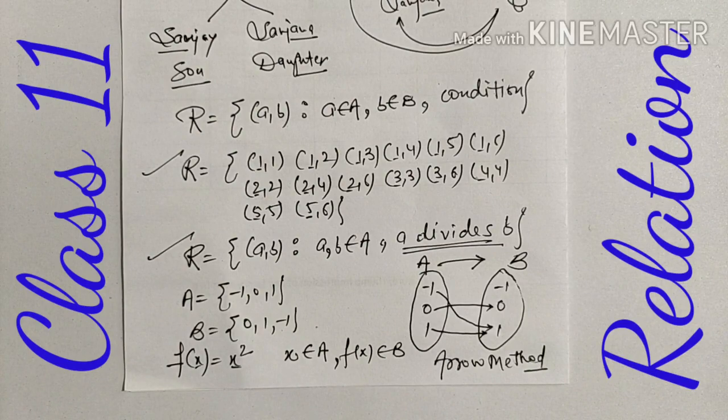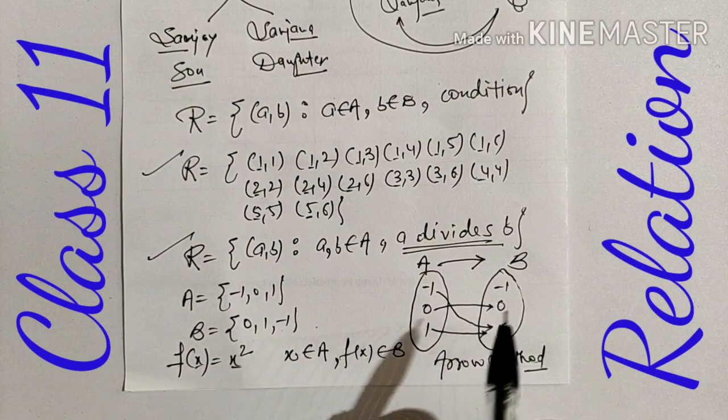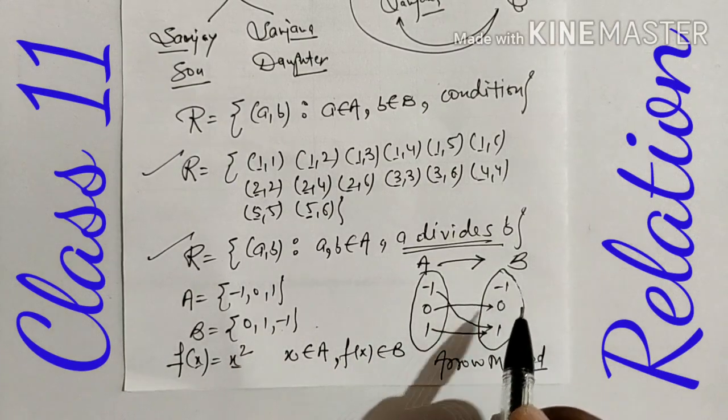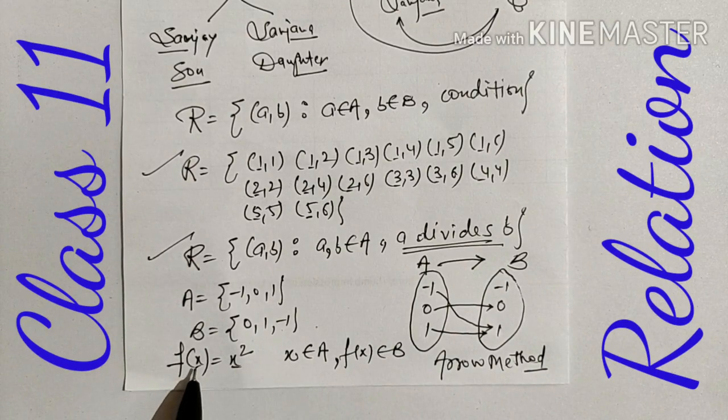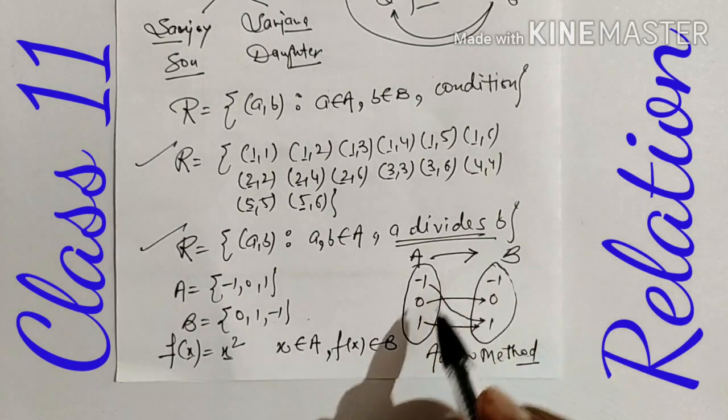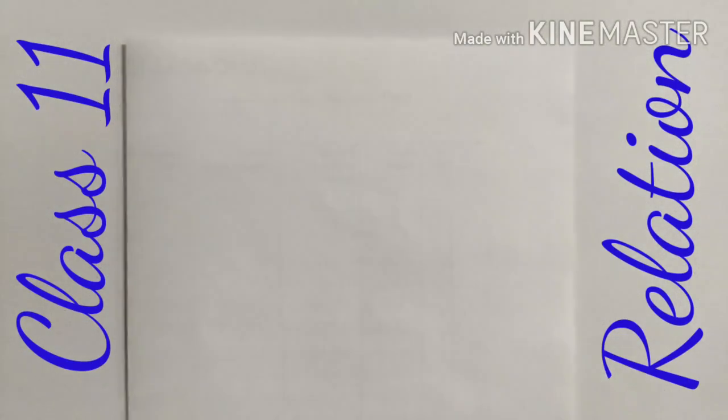So the entries are the elements of A and the outputs are squares of x, elements of B. Like this, we can make a relation from the elements of set A to the elements of set B.